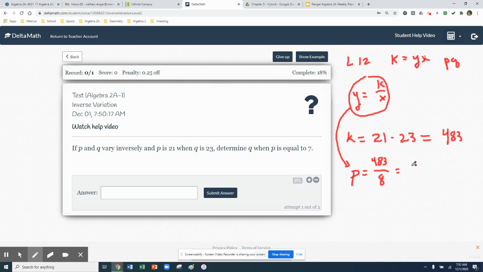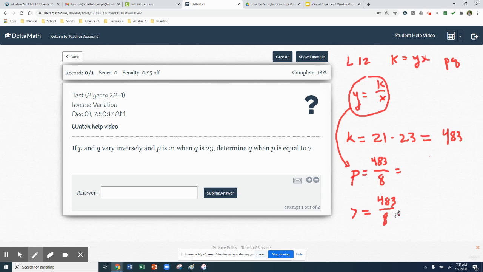And then I'm going to take that 483, divided by, I'm thinking of this one backwards here. I'm going to put a 7 in for p, so 7 is equal to 483 over q. And now I have to solve for q.